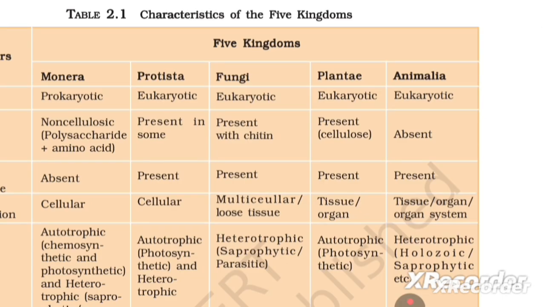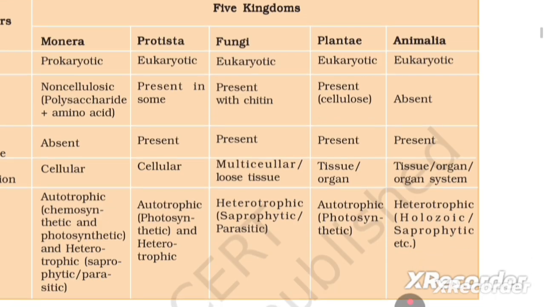Characteristics of the five kingdoms. Cell type: Monera prokaryotic, Protista eukaryotic, Fungi eukaryotic, Plantae eukaryotic, Animalia eukaryotic. Cell wall: Monera non-cellulosic polysaccharide and amino acid, Protista present in some, Fungi present with chitin, Plantae present with cellulose, Animalia absent.